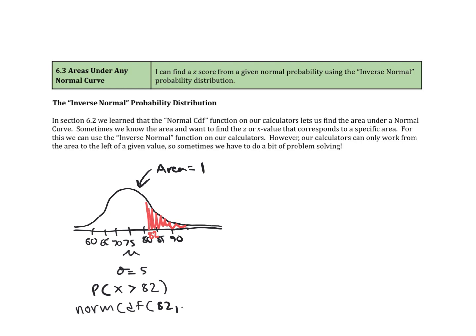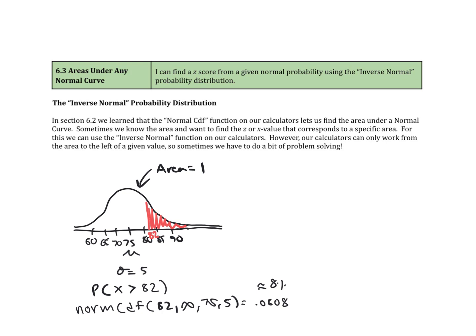So we do from 82 to infinity, and then we put the mean, which was 75, and the standard deviation, 5, and that gives us about 0.0808, which is about an 8% chance that a randomly selected person scored above an 82.